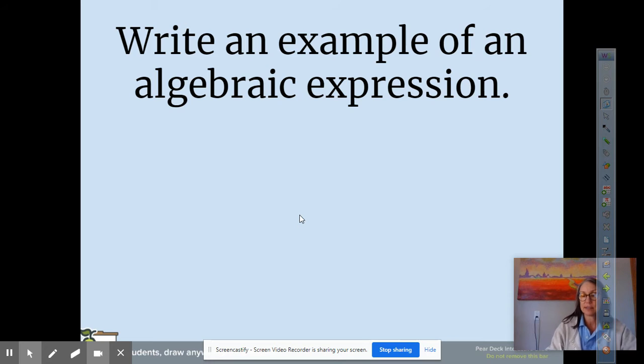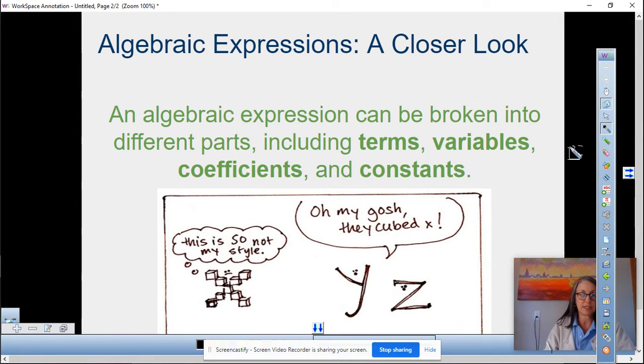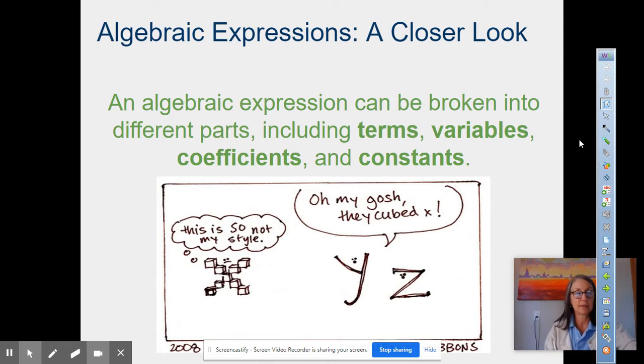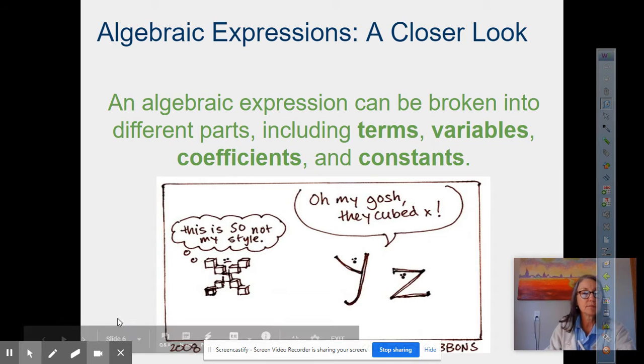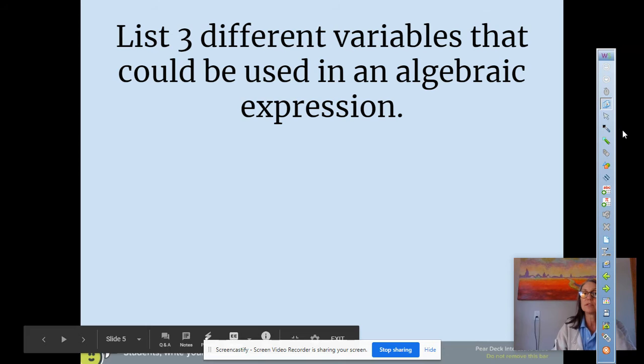Let's see if we can give this a try. So let's give an example. Let's go back. I don't know how to go back. There we go.